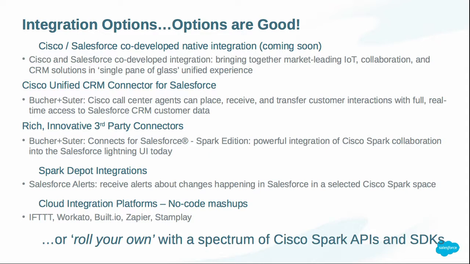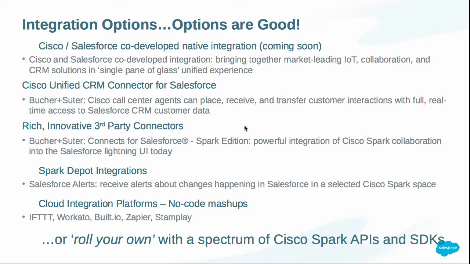But there's a whole bunch of other ways that you can integrate Salesforce and Cisco Spark already. There are third-party connectors, such as the one from Bucher and Suter, that does many of the same things as the native integration. I think maybe perhaps a few more at this point.